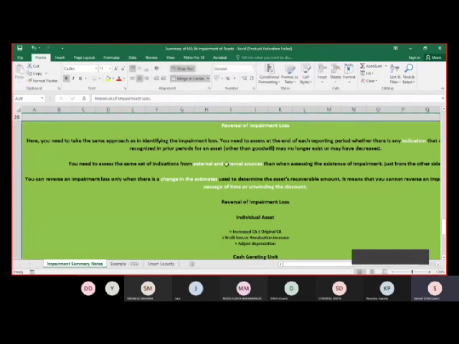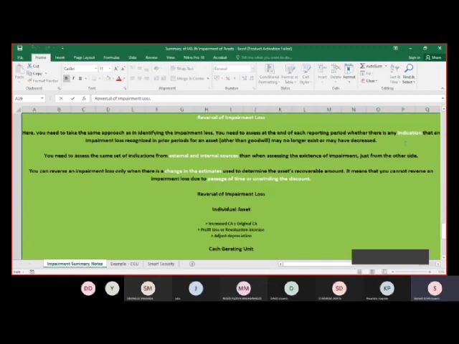Here you need to take the same approach as in identifying the impairment loss. You need to assess at the end of each reporting period whether there is an indication that an impairment loss recognized in prior periods for an asset other than goodwill may no longer exist or may have decreased.